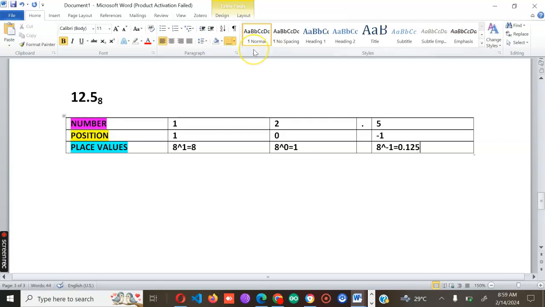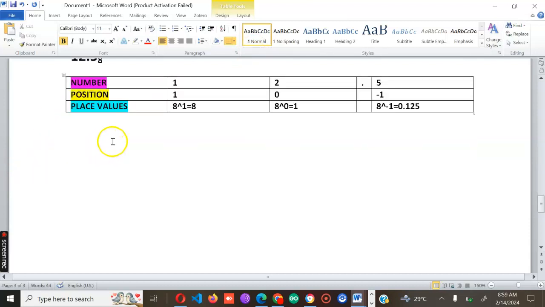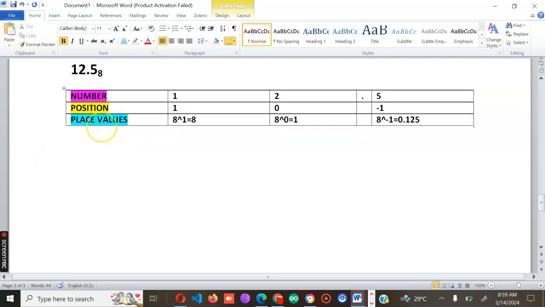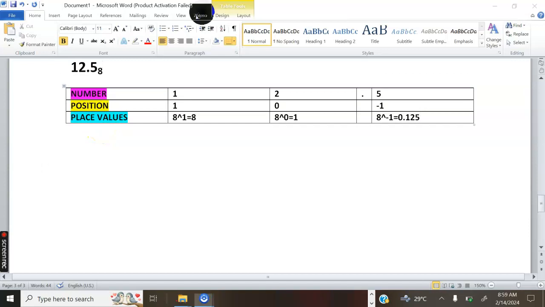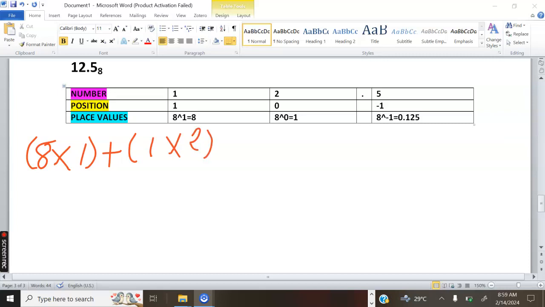Okay, having that, the next step is to multiply the place value by the number. We have 8 multiplied by 1 plus 1 multiplied by 2.